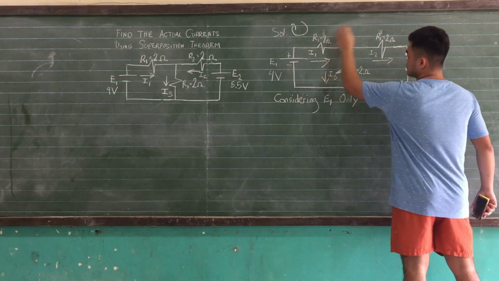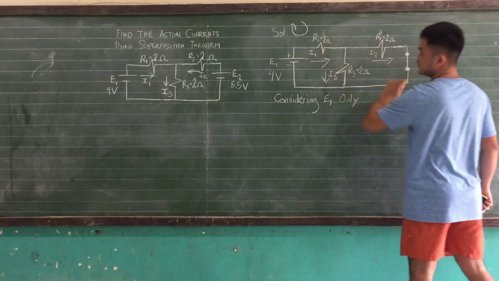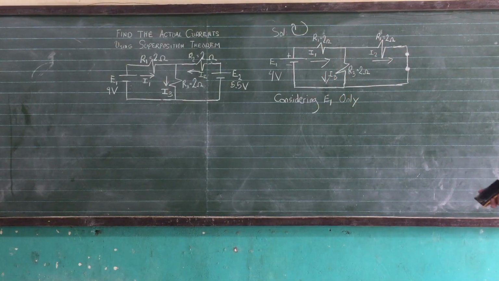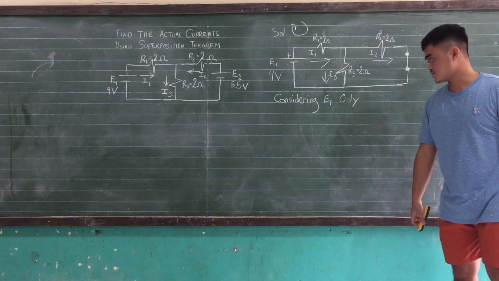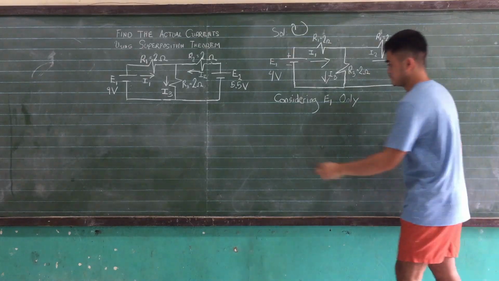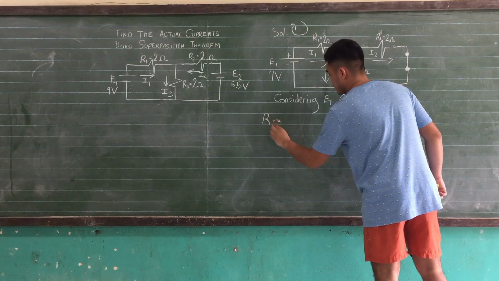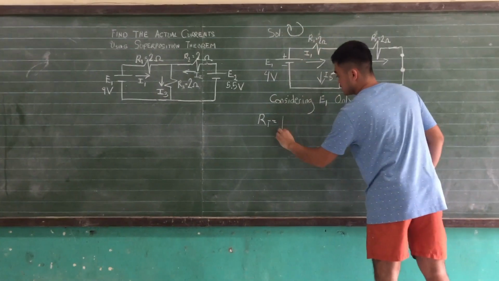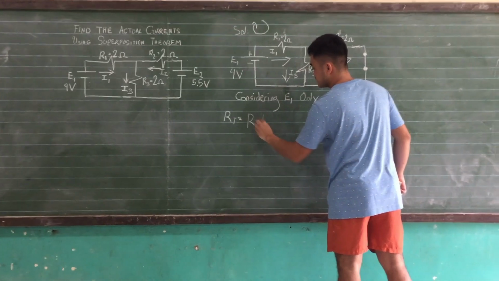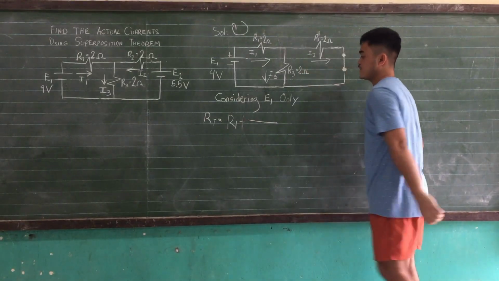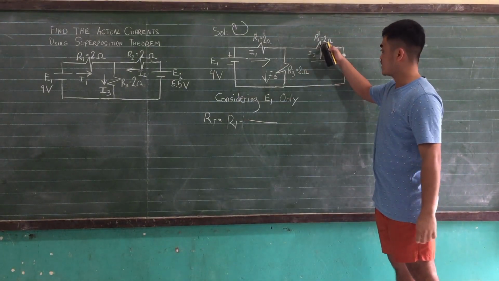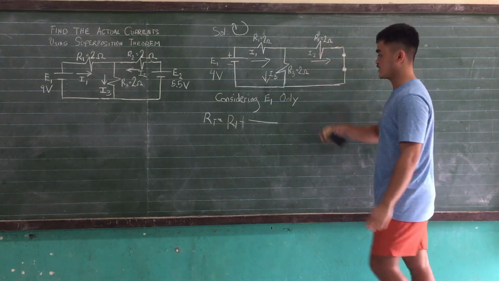So, clockwise direction. Before we can find the I total, we need to find first the R total. So, R total is equal to R1, the series connection, plus the product over the sum of the parallel combination of R2 and R3.